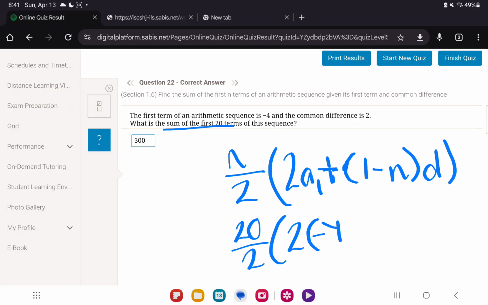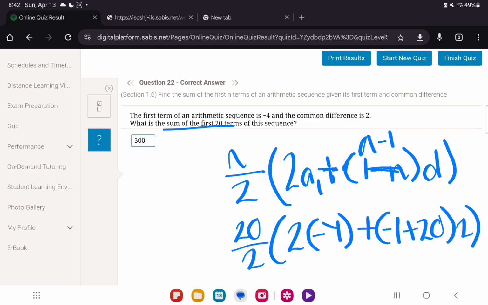First term is minus 4 plus, sorry, it's n minus 1. It's not, it's n minus 1. So it's 20 minus 1, which is 19. And then the difference is 2. And doing all that on your calculator, you get 300.